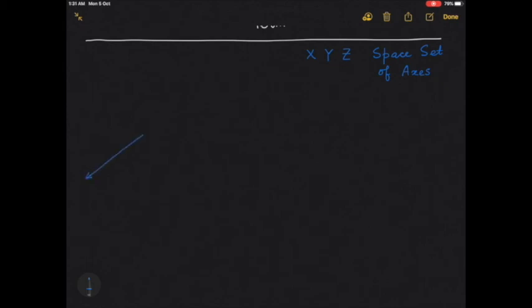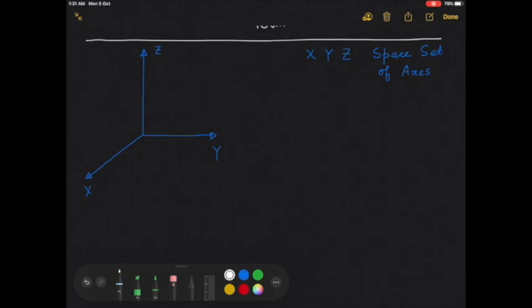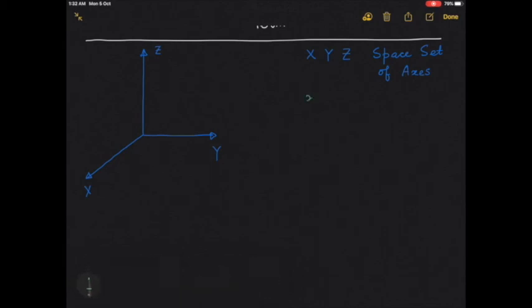So let me draw my space setup axis: capital X, capital Y, capital Z. So let me use small x, small y and small z for the axis which is fixed to the body.